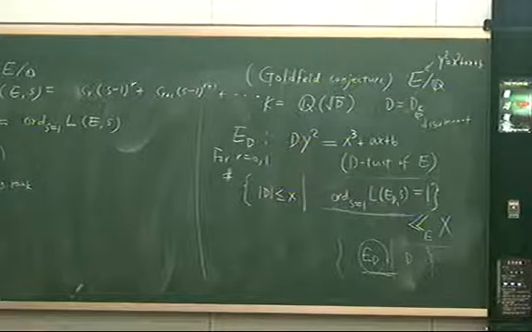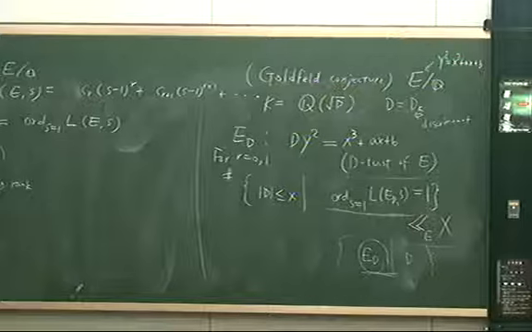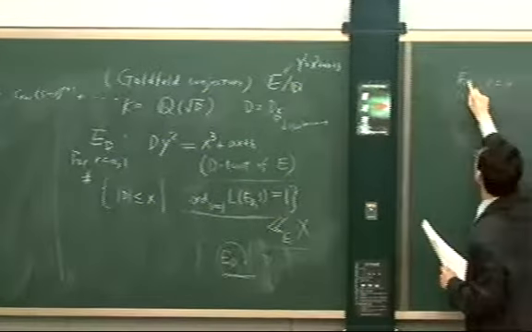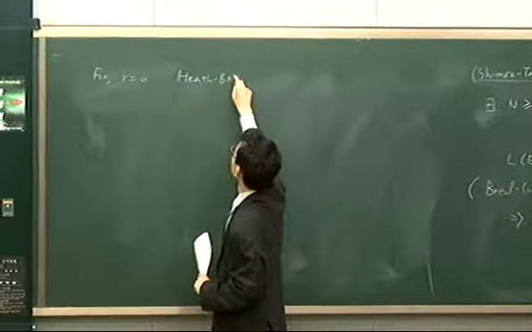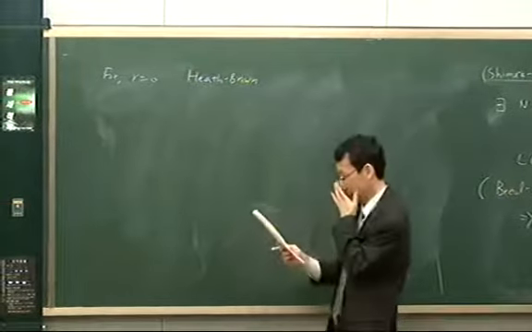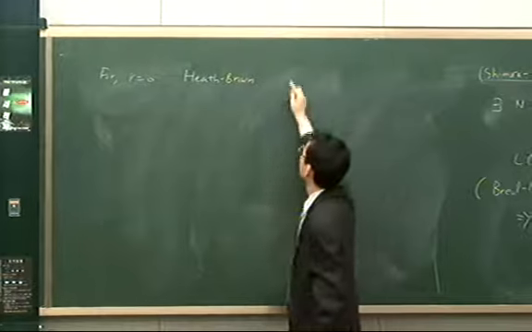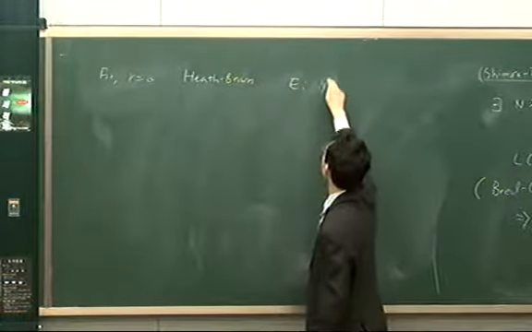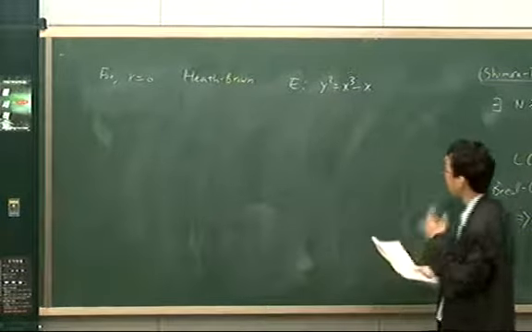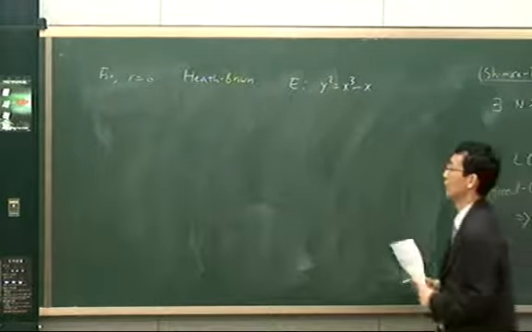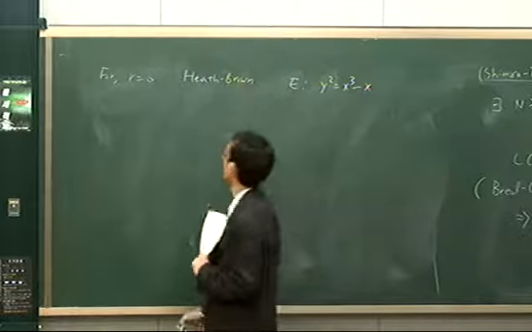For the case R equal to 0, there are many known results. The first result was obtained by Heath-Brown from Oxford University. He considered the elliptic curve y squared equals x cubed minus x and has some results concerning the Goldfeld conjecture.